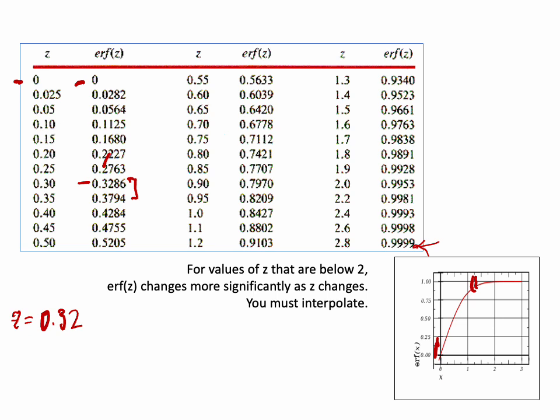So that's why I say you've got to interpolate. Once you get to, say, above maybe 1.4, and certainly once you get to above 2, the change in error function z gets really small with increasing z. And at that point, you really don't need to worry about interpolating.